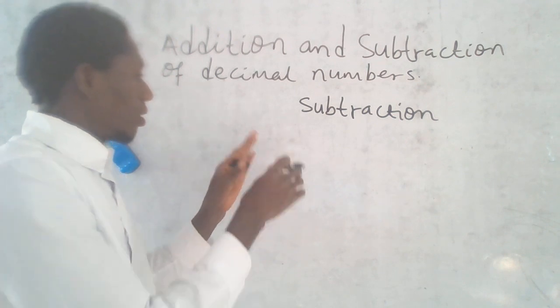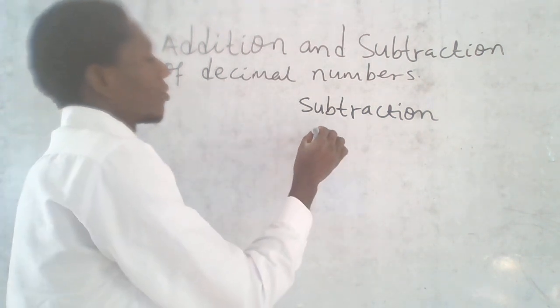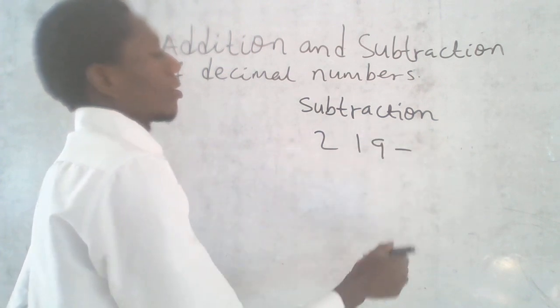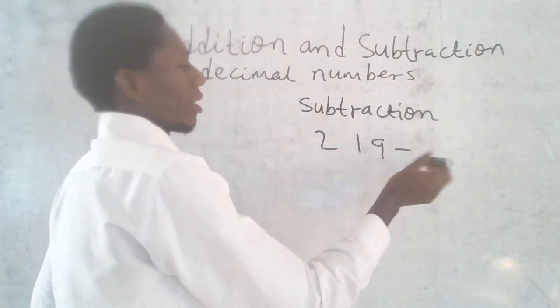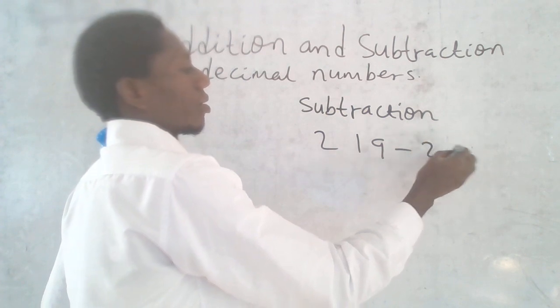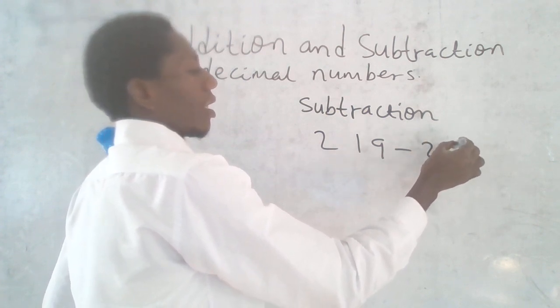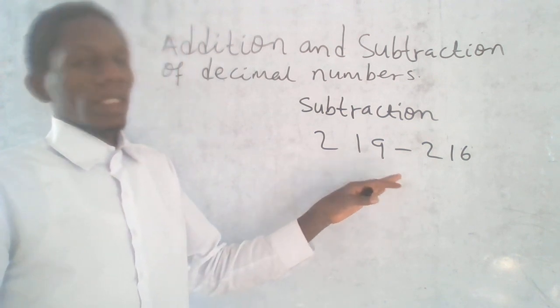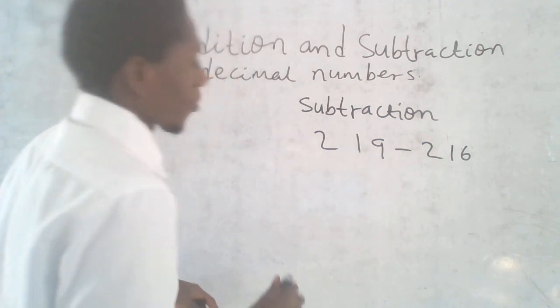Now, let's say you have 219 minus 216. Okay, let's see how we can do this one.